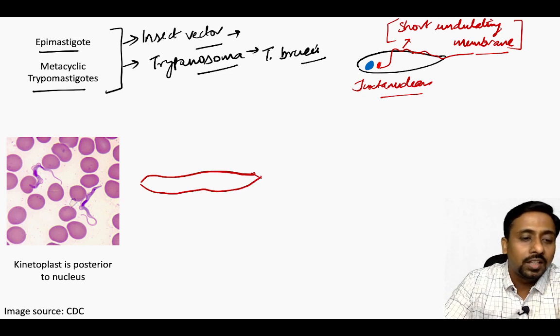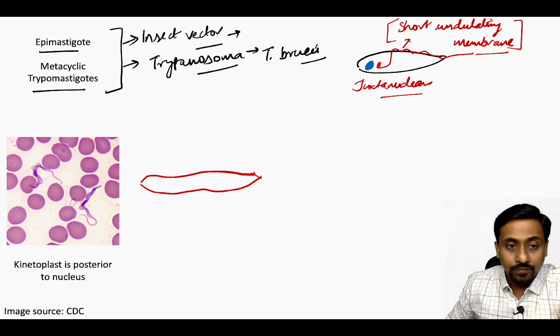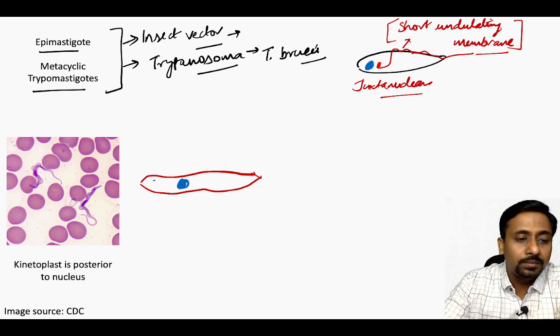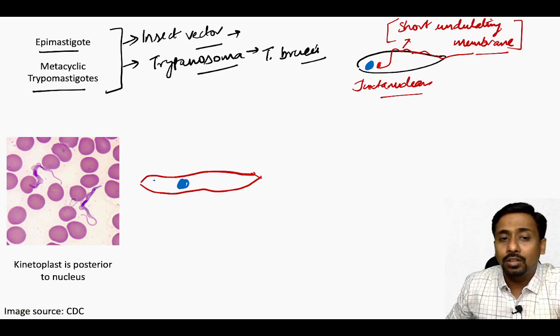So in this case, the nucleus is not that posterior. The nucleus is almost centrally situated, and this time the kinetoplast is not anterior to the nucleus, however it is posterior to the nucleus.